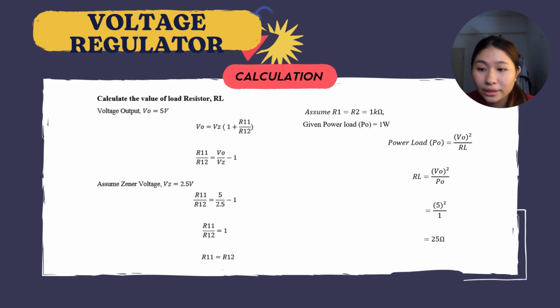The answer that we get for the ratio of the resistors is 1. And the next equation is power load equals output voltage squared over the load resistor. And the load resistor we get is 25 ohm.